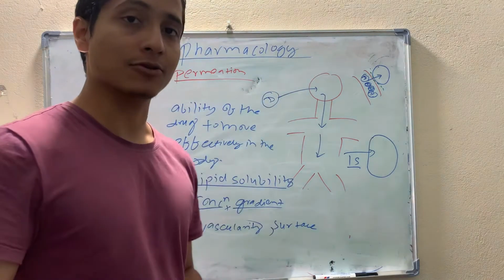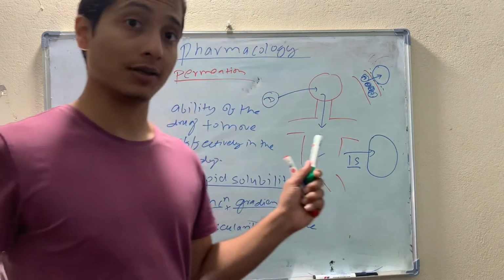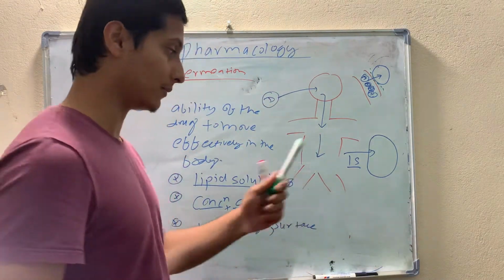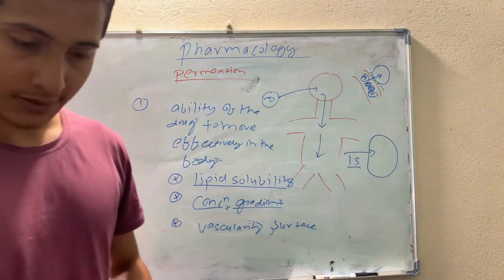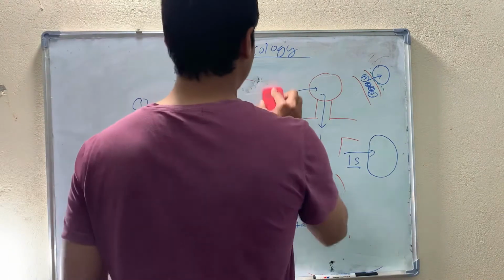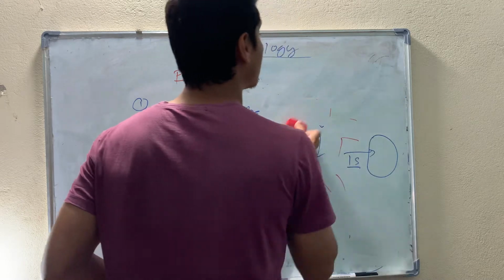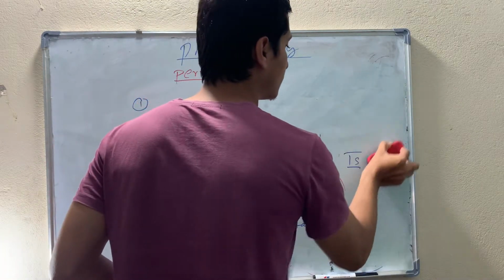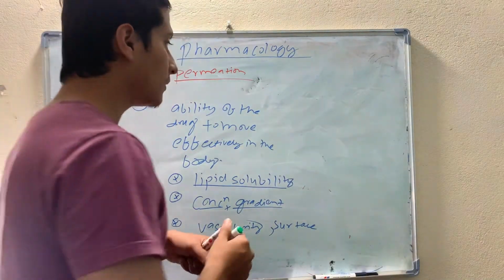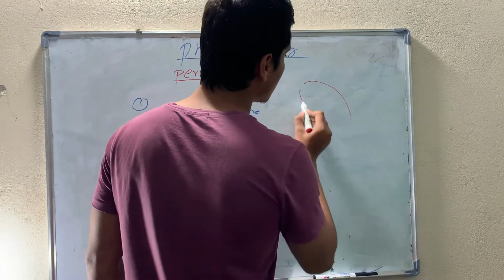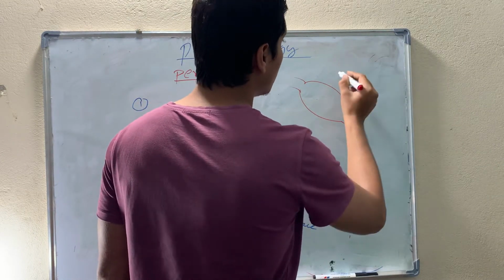The more vascular a certain organ is, the more permeation of the drug we can see in that organ. For example, suppose this is your muscle. You give an IM injection.